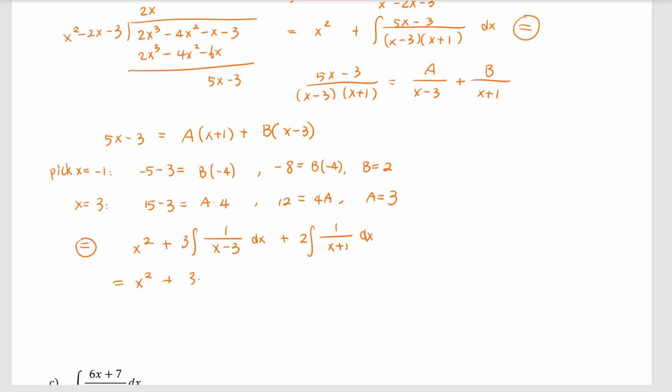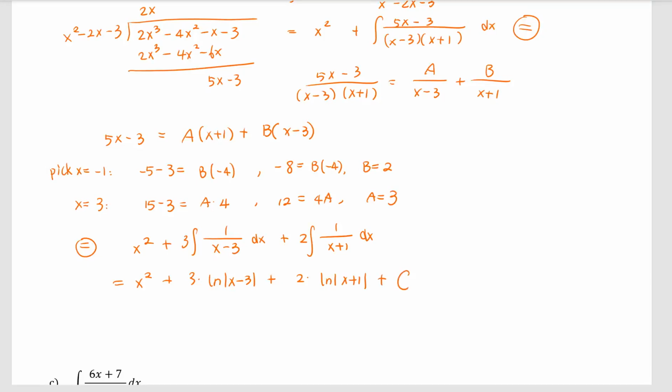Okay, next, we can do the u substitution in our brain. Here, u is x minus 3, du is dx, so the integral of du over u is ln of the absolute value of u. And here, u is x plus 1, du is dx. The integral of du over u is ln of the absolute value of u, but my u is x plus 1.